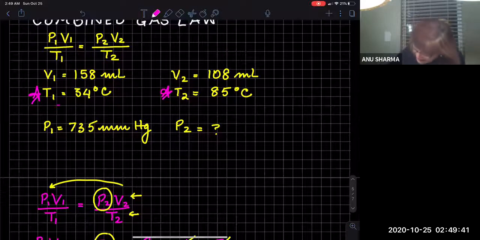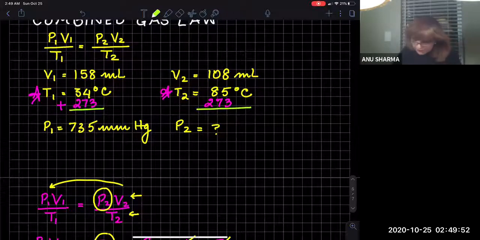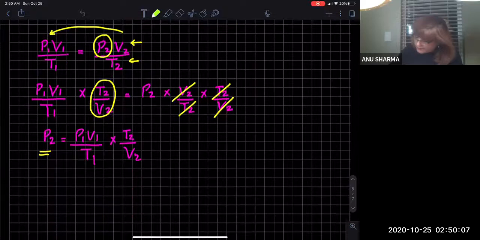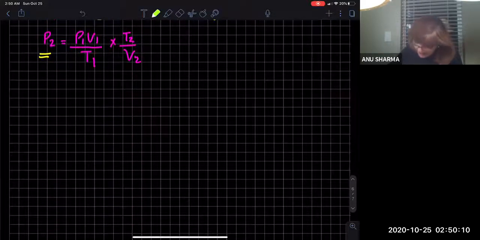So you are going to be adding 273 to 34 and adding 273 to 85. 34 plus 273 is 307 Kelvin, and 85 plus 273 is 358 Kelvin.